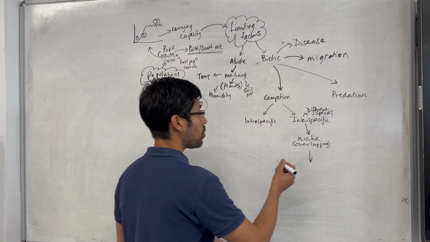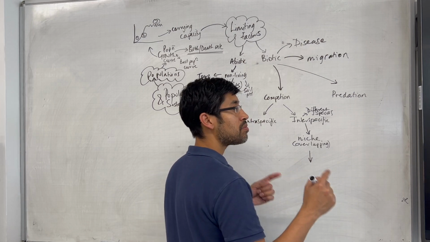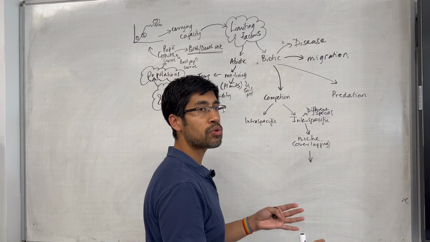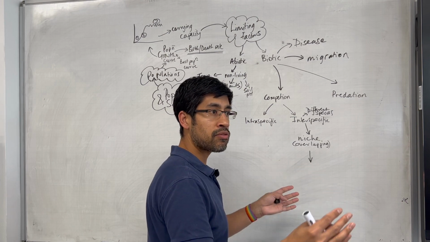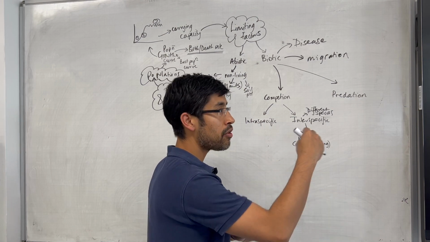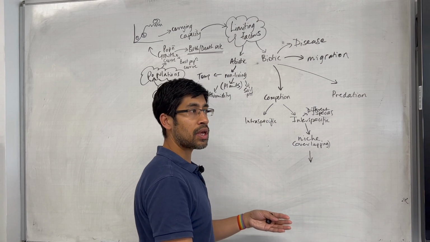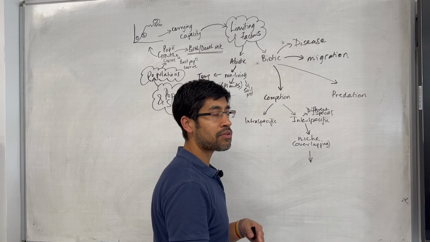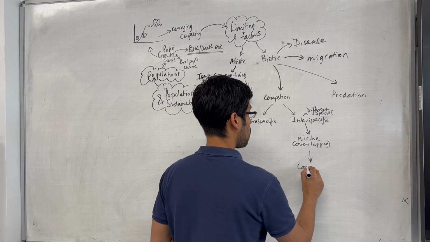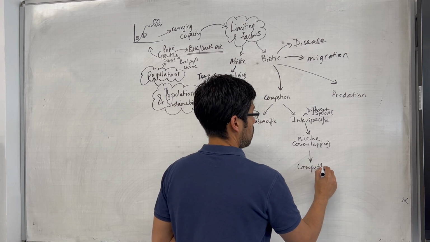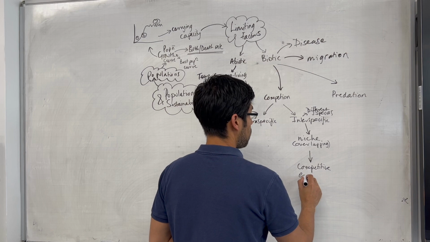Competitive exclusion. So what that will mean is that one of the species then will not be able to occupy that area. They will be excluded from that area by the other species which is better adapted and has the greater share of the resources. Okay. Competitive exclusion.